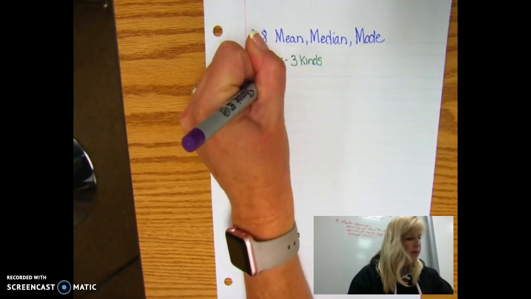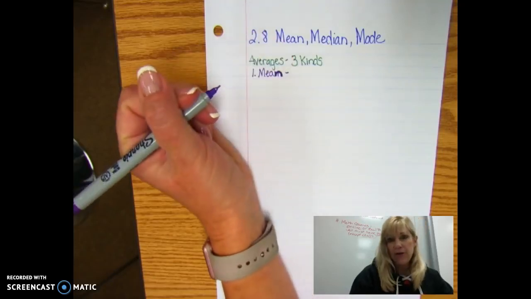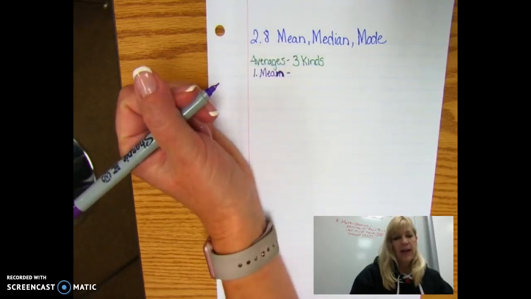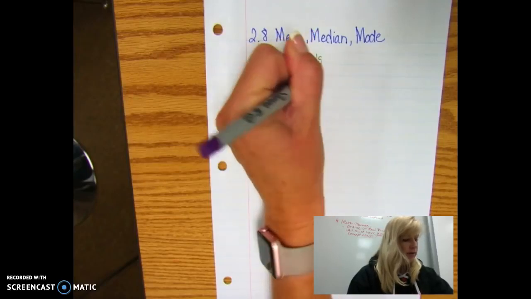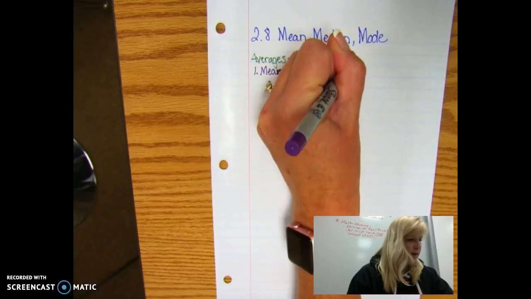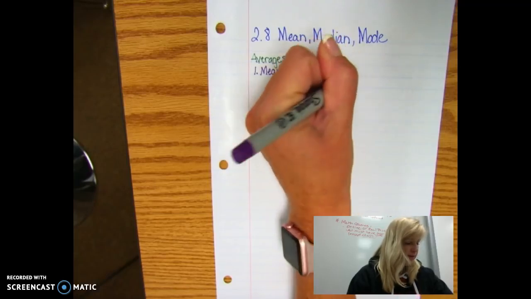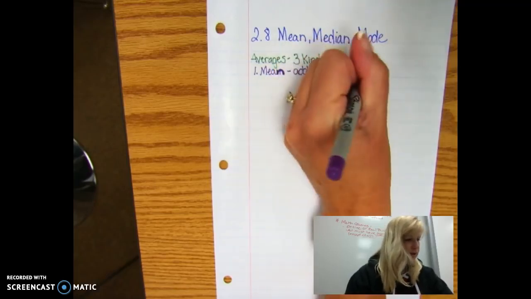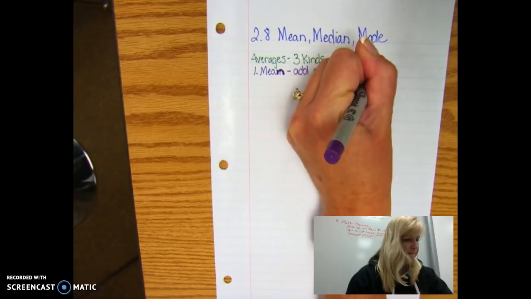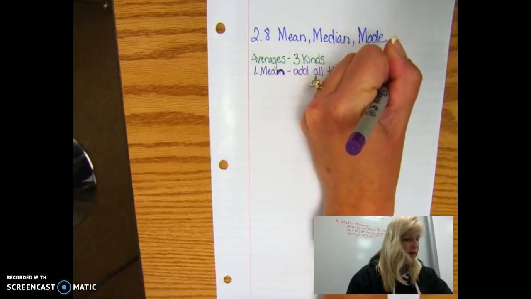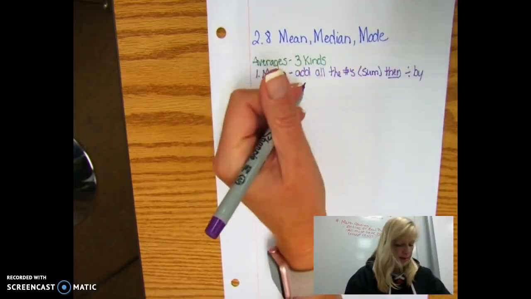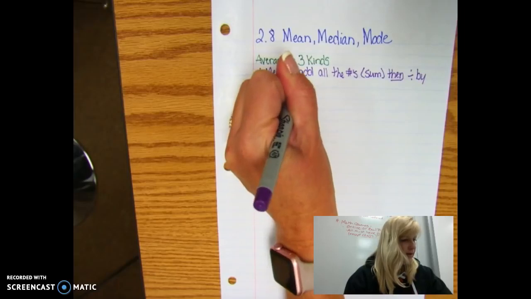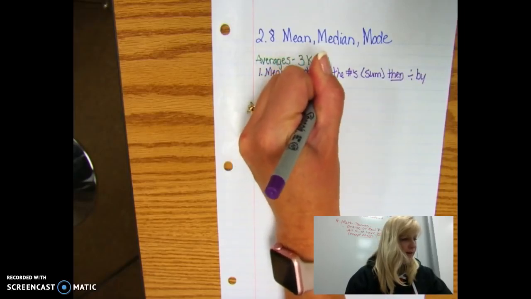This doesn't mean angry or not nice. This means that you add all the numbers, so you find their sum, then divide by the number of numbers.